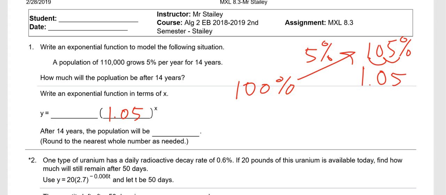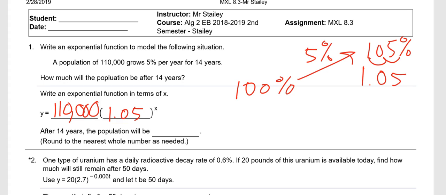And what about this first value? It's 110,000, right? It's your starting amount.